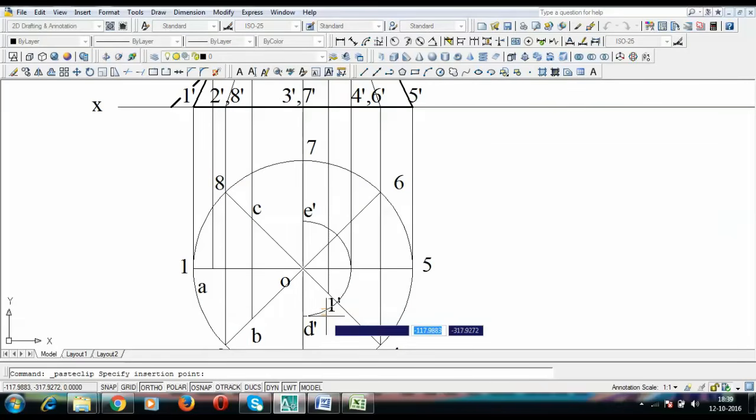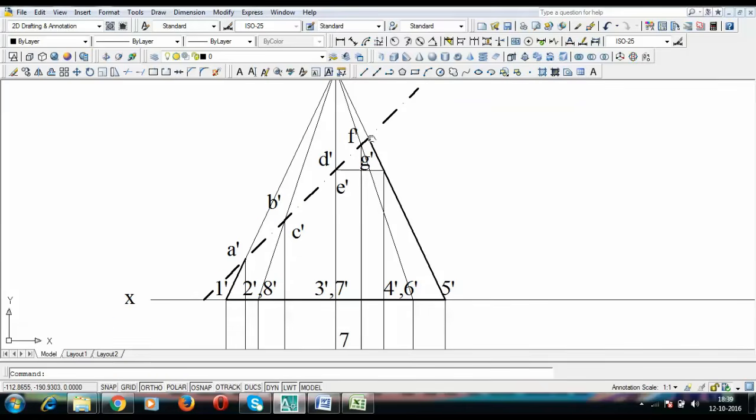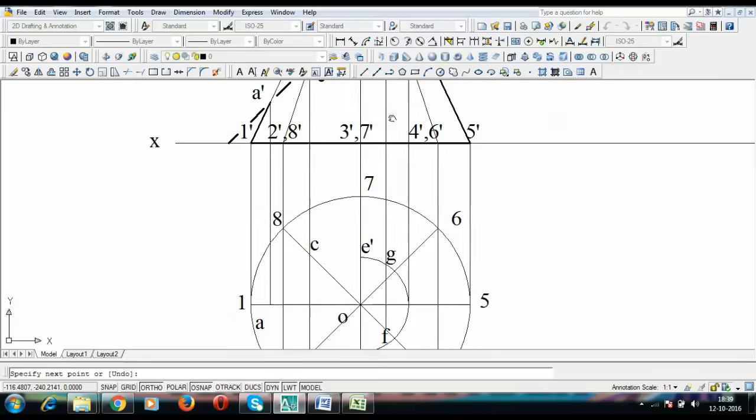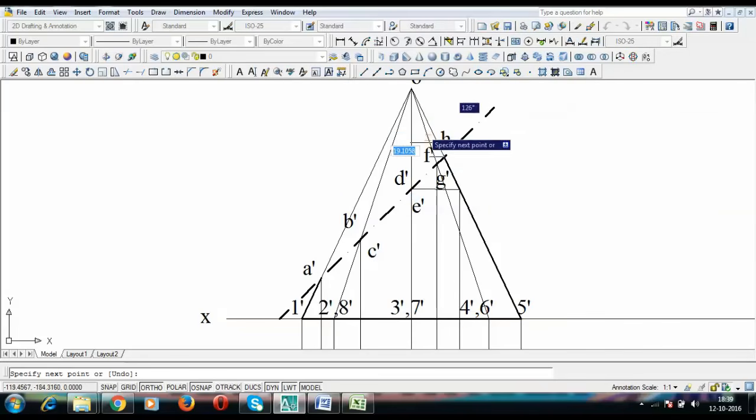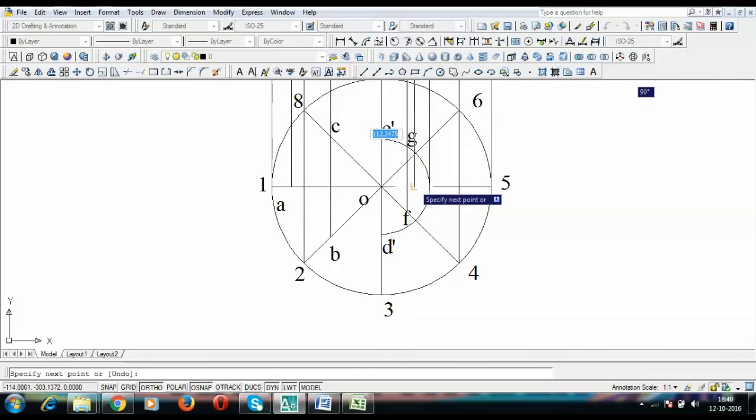So this has got to be F dash, simply F, and this is going to be G. And finally we have this last intersecting point on generator O dash 5 dash, and let us say that this intersecting point is represented by H, and let us bring this point downward in order to locate its top view. So H is intersecting O dash 5 dash in the front view. It's going to intersect O5 in the top view somewhere here. So this is finally point H.